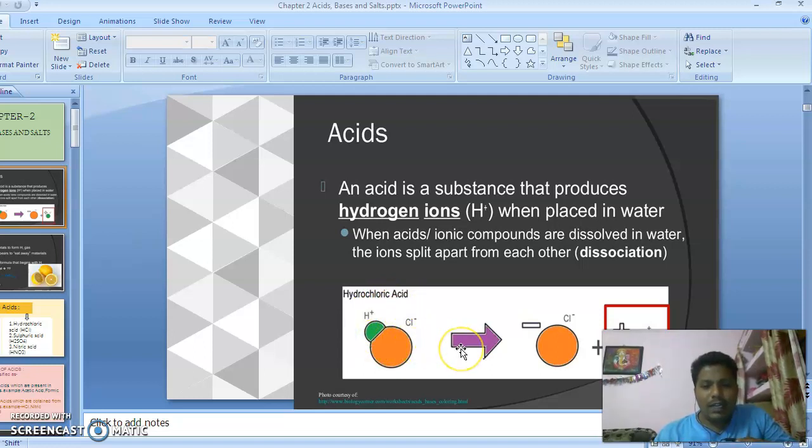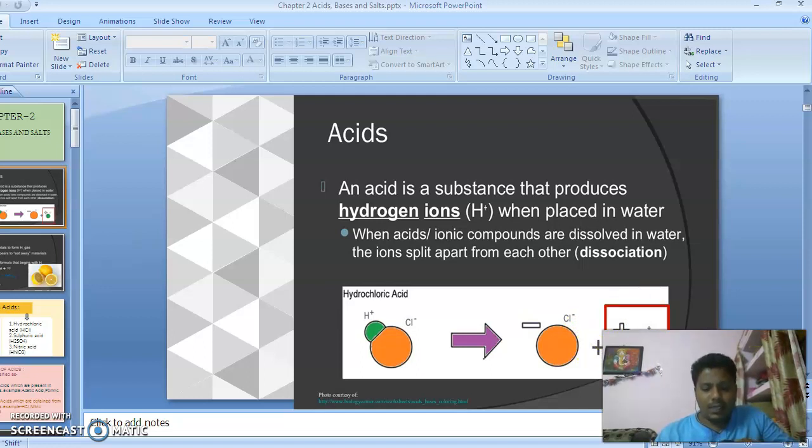Because whenever we are dissolving this hydrochloric acid in water, this dissociates into two ions, this chloride ion, okay, and this another hydrogen ion. So hydrogen ion is having a positive charge, H plus ion. Okay, so as this HCl is able to dissociate by dissolving in water to give the H plus ion, we are calling this as acid.